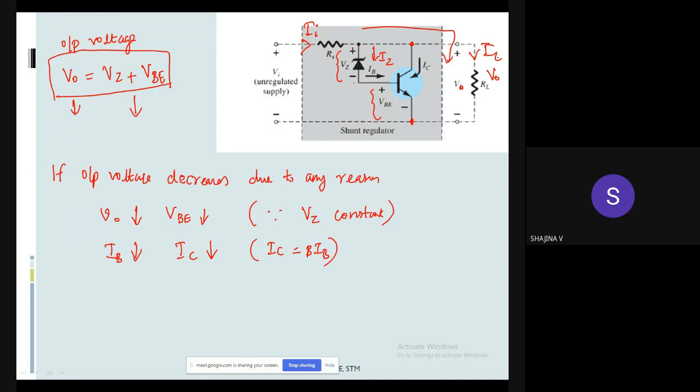IC decreases means my IL will increase because Iz is constant. So as IC decreases, IL increases, or load current increases. More current will flow through the load. That means our load voltage increases.